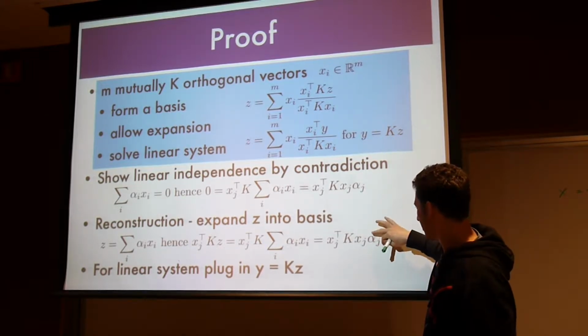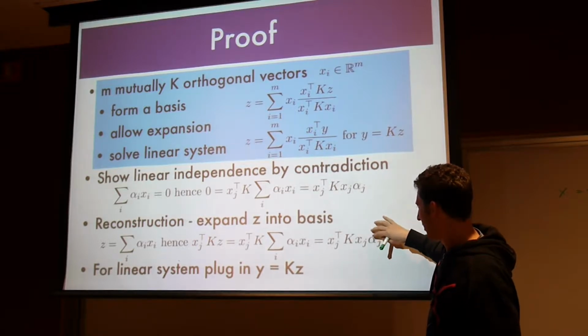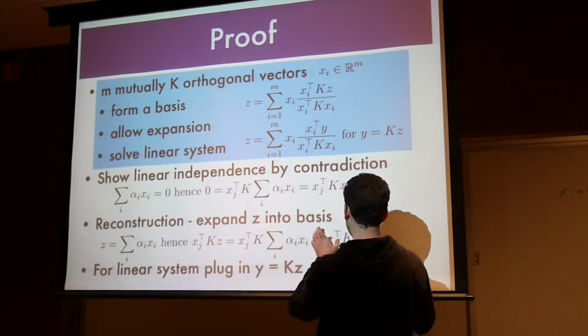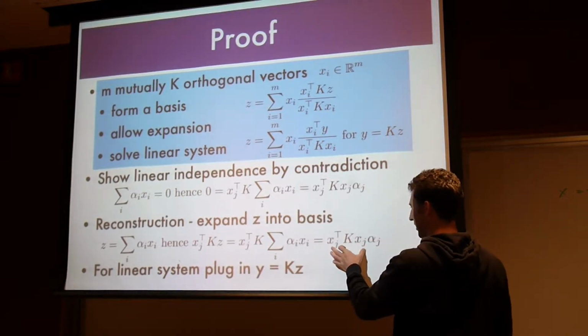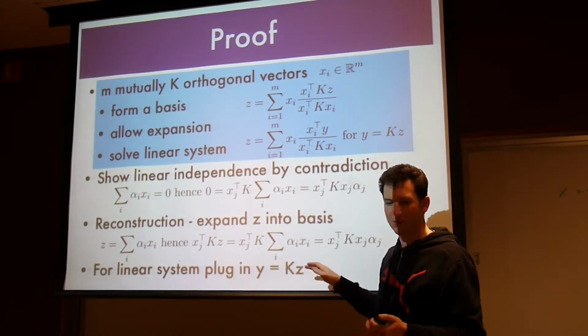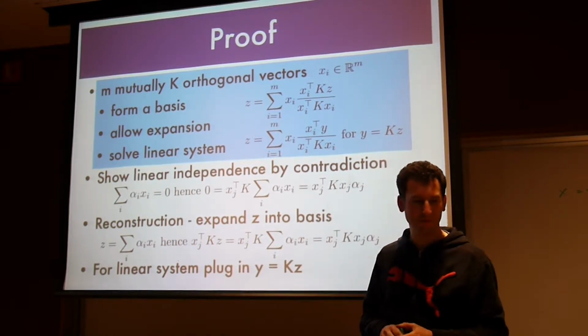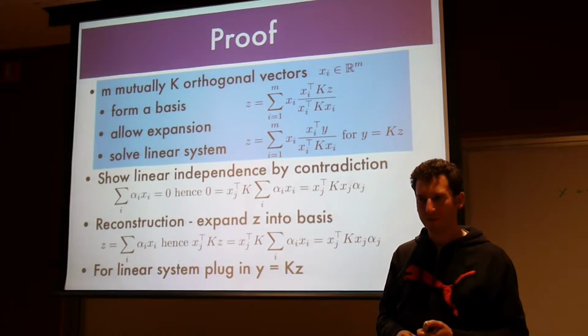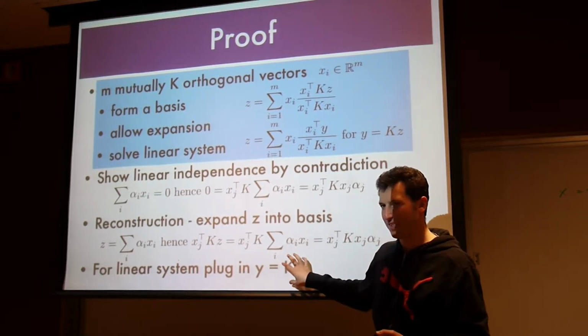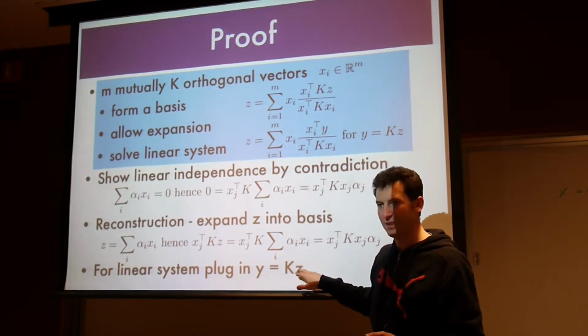So then I can solve for alpha j, and I get xj transpose Kz divided by xj transpose K xj. And then, for the linear system solver, you just plug that solution back in. The good thing is that this is usually the thing that we observe, namely K times z, and we want to get our hands on z again.